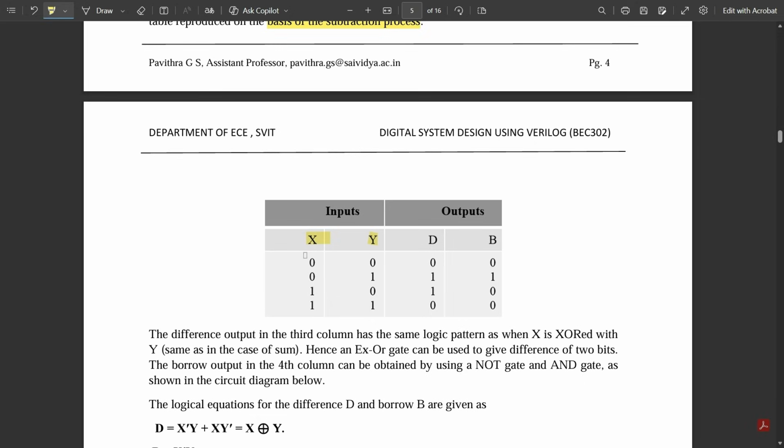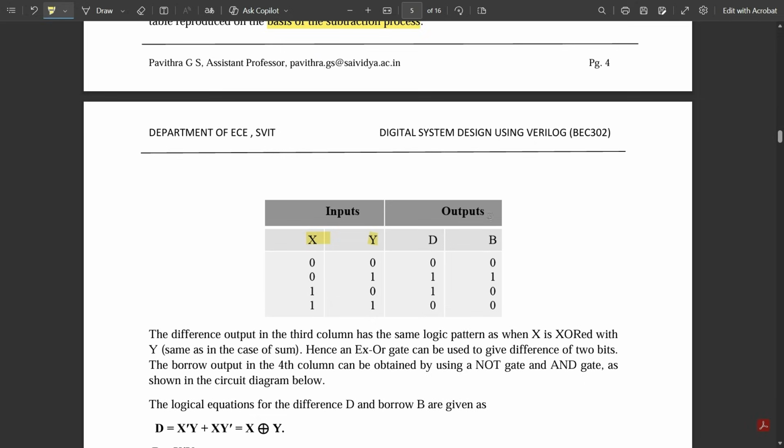So you see here, first is difference, 0 minus 0, the difference is 0. 0 minus 1, the difference is 1, and the borrow is also 1. Okay, because we are getting the negative value, that should be kept in the borrow bit. So 1 minus 0, again difference is 1, but here the borrow is 0, because if you do the subtraction directly, we would be getting a positive value itself, so borrow would be 0, and 1 minus 1 is 0.